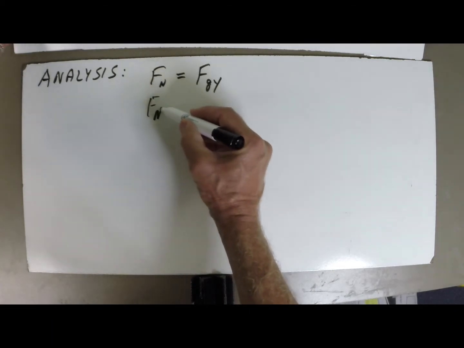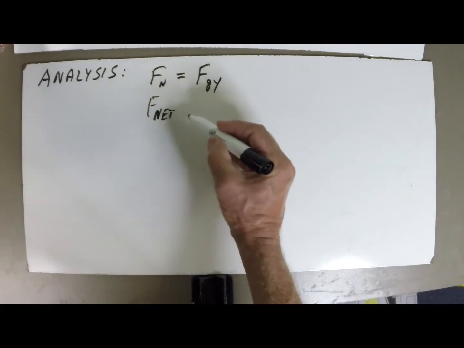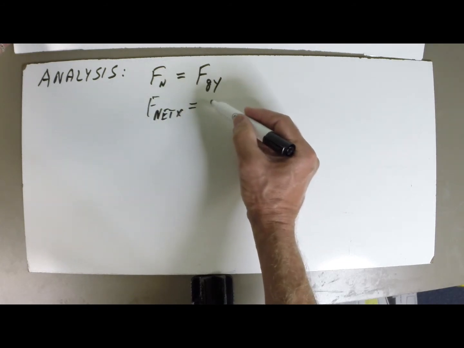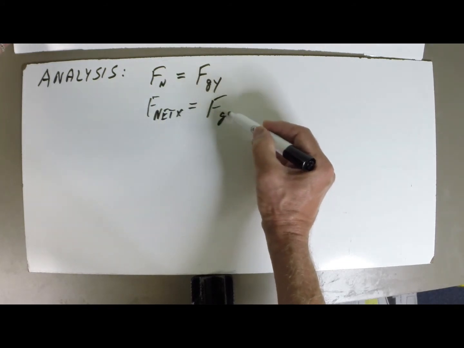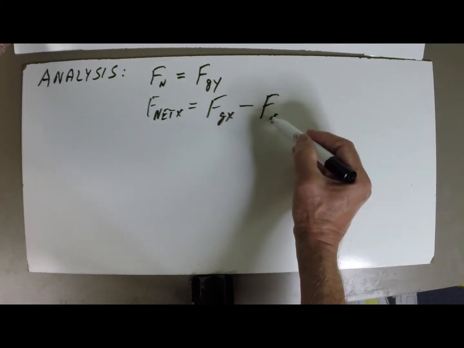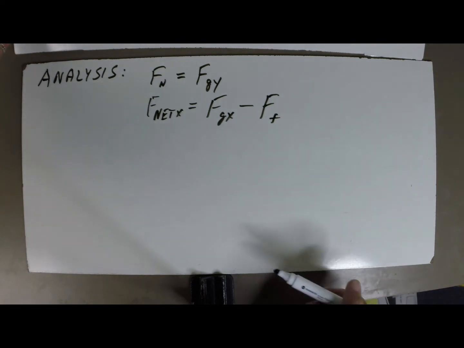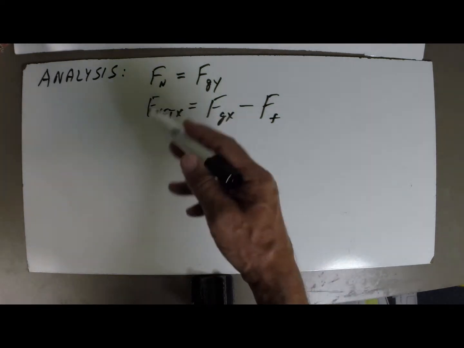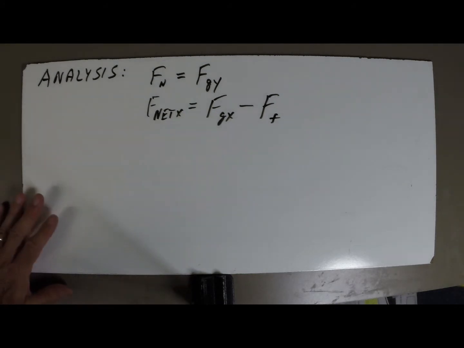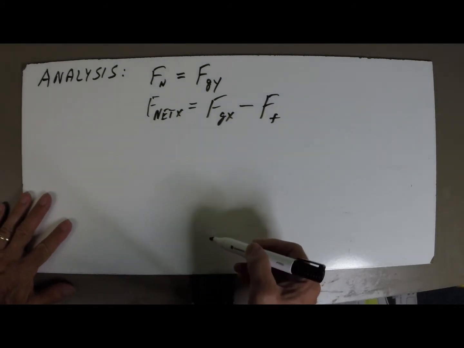The net force on the object in the x direction will be equal to Fgx minus the force of friction. Those are the two parts of the forces acting on the object, and we'll need both of these formulas to solve the problem completely.